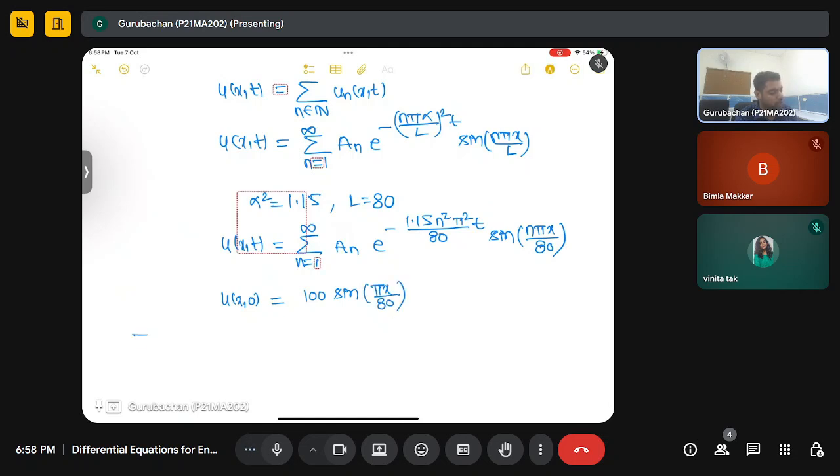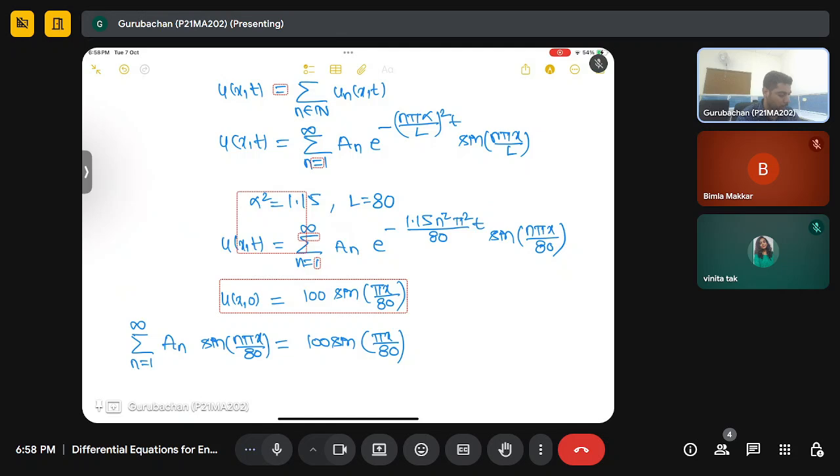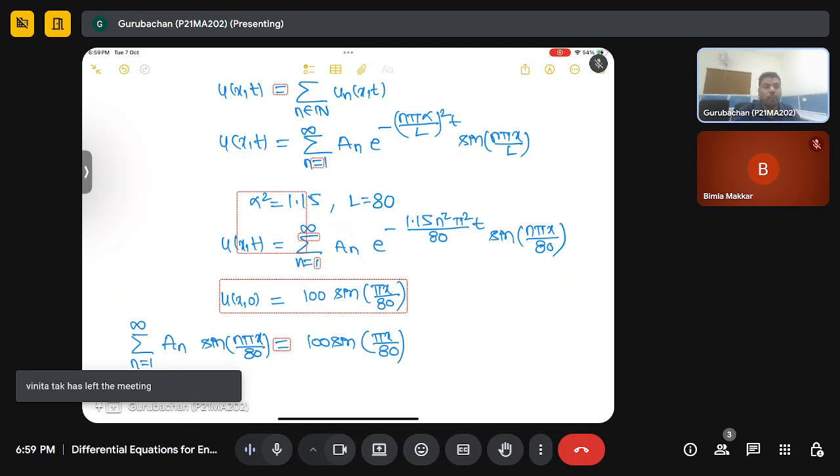So that means the series summation n equals 1 to infinity An sin n pi x by 80 is 100 sin pi x by 80. Similar to the earlier cases, or the previous class, we may find the value of An with the help of the orthogonality property of the sine function. So you can try this at your own, then we can finalize what this u of x, t is exactly. Try this one, then we will discuss it.